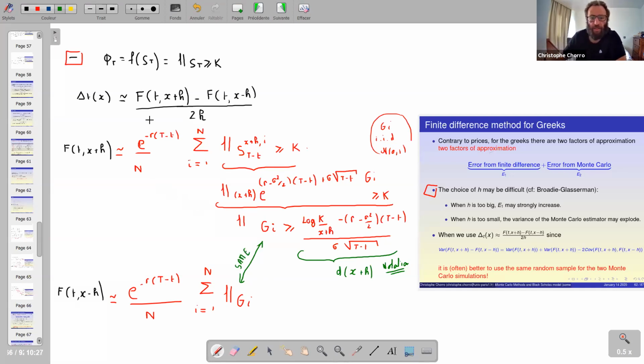According to this remark, what I change here is x minus h instead of x plus h, so g_i greater than d of x minus h.